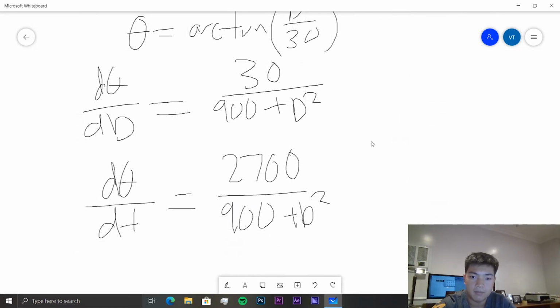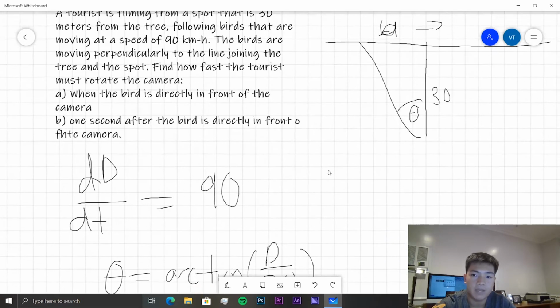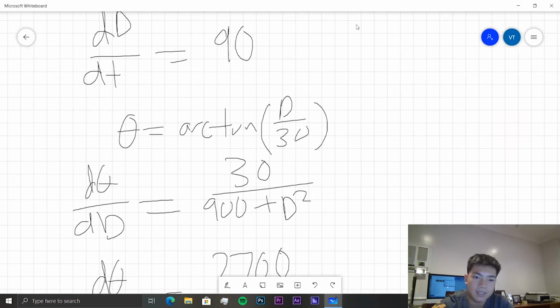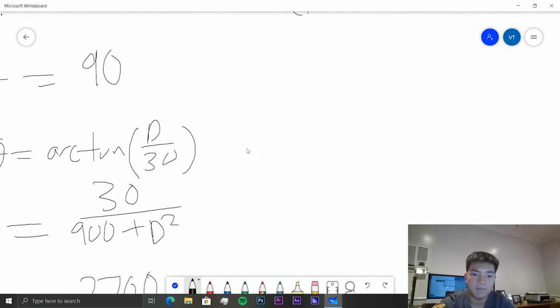Plus d squared still. I guess we should find some way to express d in terms of theta, which we do actually. We know that d is equal to 30 tan theta.